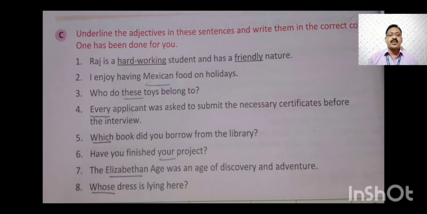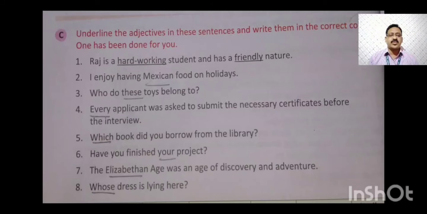Question number 7. The Elizabethan age was an age of discovery and adventure. It is a proper adjective. It is the name of the time. Whose dress is lying there? Whose is an adjective which is asking a question, an interrogative adjective. So in this Exercise C, we have to find out the adjectives in the sentences, and I have told you what kind of adjective they belong to.